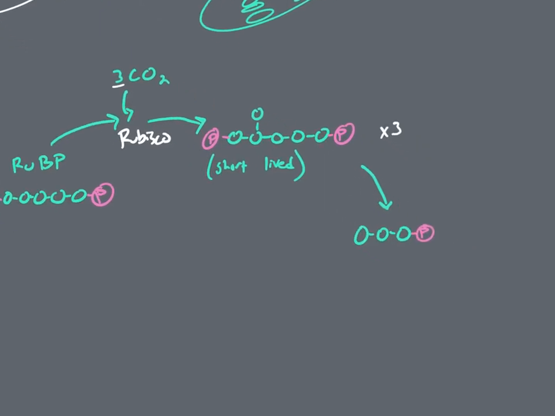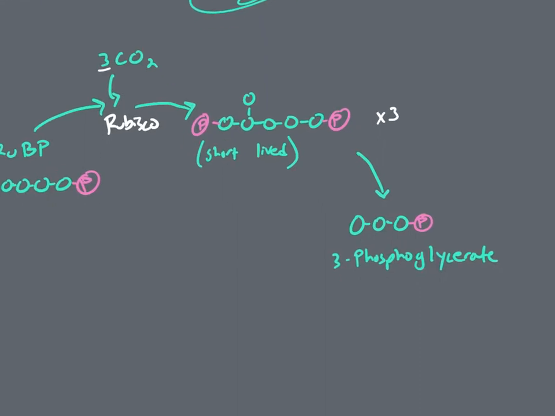And this 3-carbon molecule is called 3-phosphoglycerate. In our previous 6-carbon molecule, we had 3 of those. So that means that we had 18 total carbons.